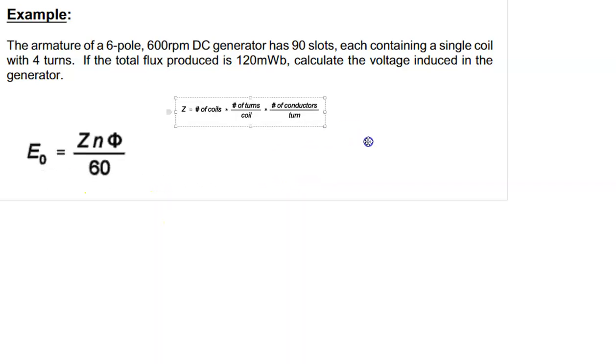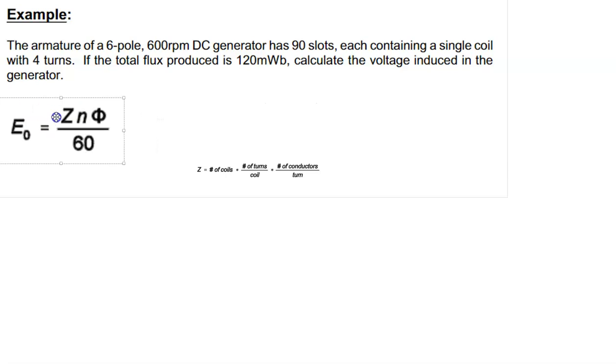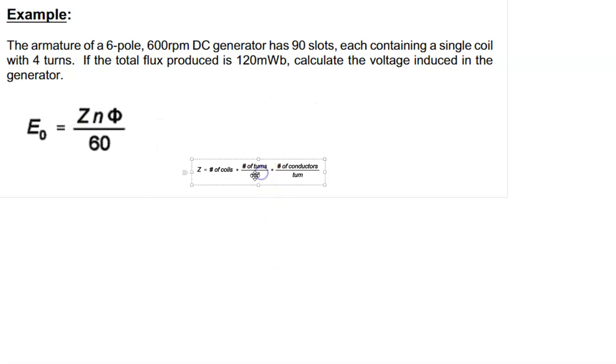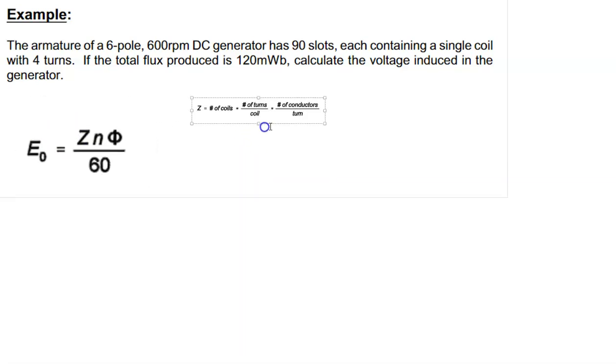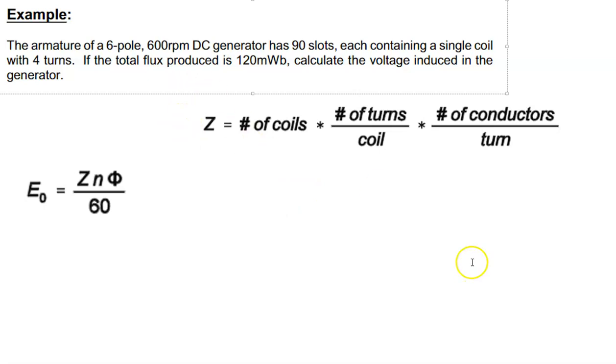And this formula here. Now when you look at this, Z is the number of conductors, and for our calculations we won't ever have more than 1 coil per slot.